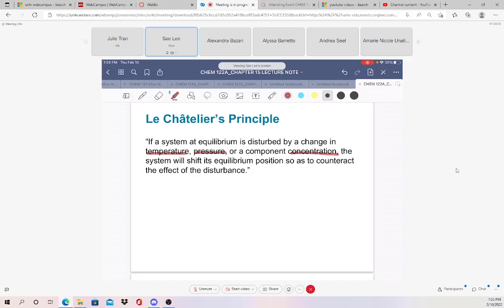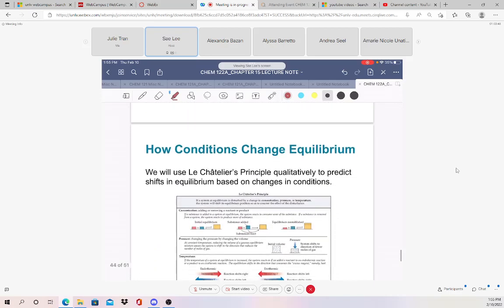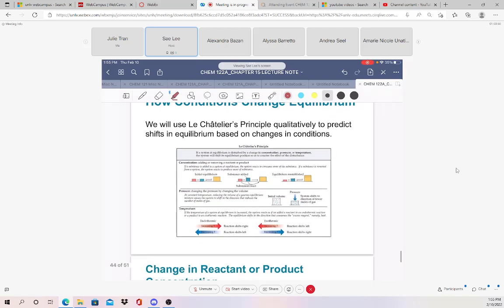So if we want to manipulate or shift the equilibrium reaction, we can change either the temperature, pressure, or concentration of the substances. In the next few slides, we will take a deeper look at how concentration, pressure, and temperature affect the equilibrium reaction and how and why these factors can shift the equilibrium.